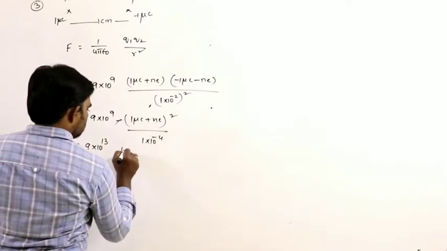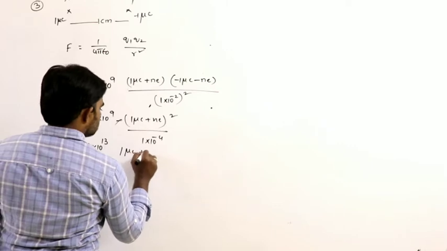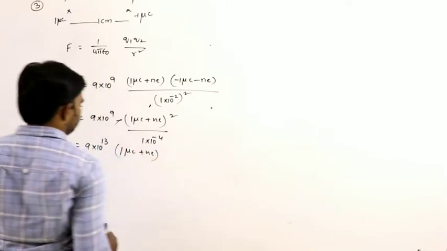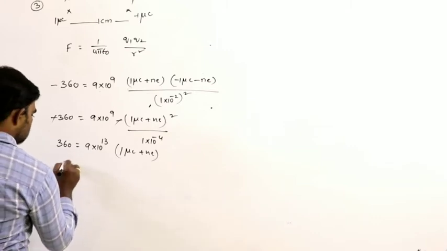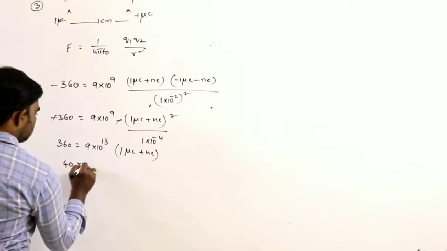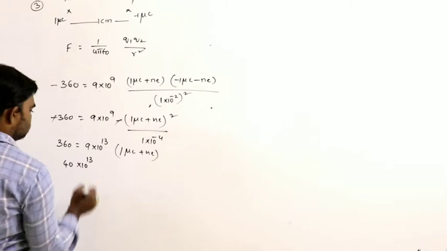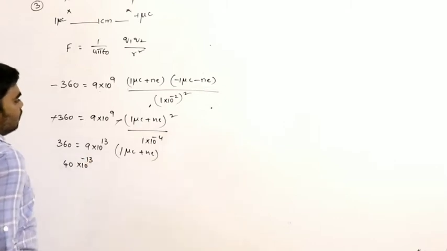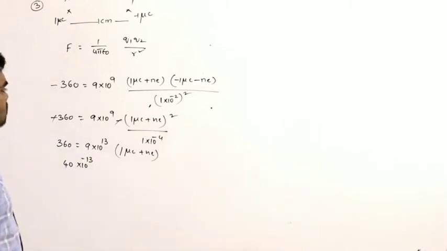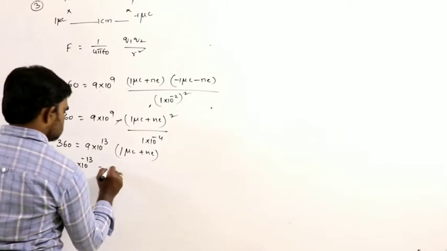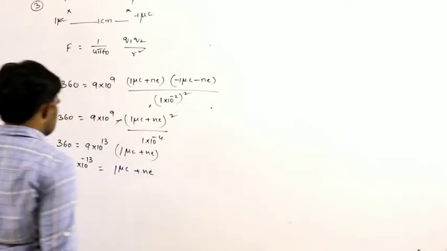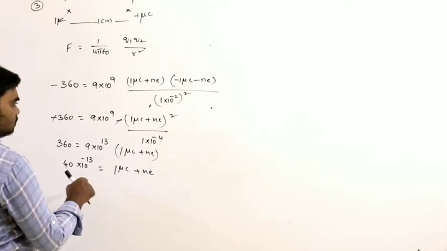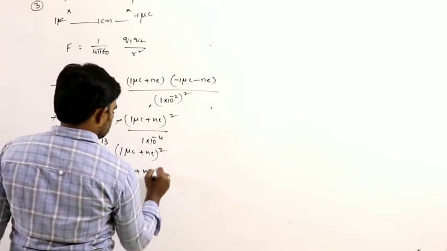Next, 40 into 10 to the power of minus 13 is equal to 1 microcoulomb plus Ne whole square.